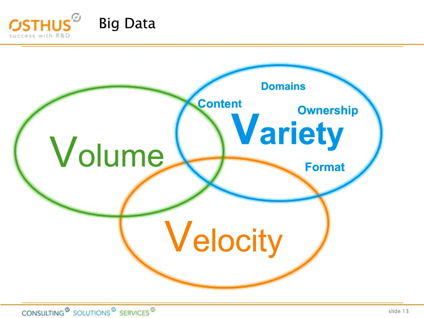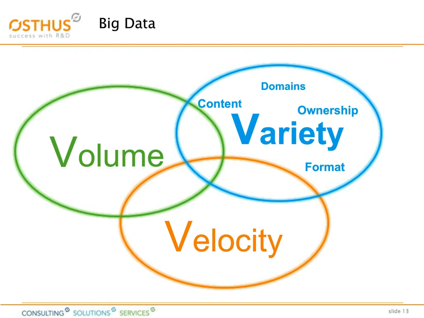And thirdly, we have variety, that is data in many different forms. These forms may be different contents, from structured to unstructured data, different domains such as research, production, chemistry, biology, and so on, and different ownerships. You might have internal data from different departments, or external data from collaborators or publicly available data. And obviously you have data in many different formats.